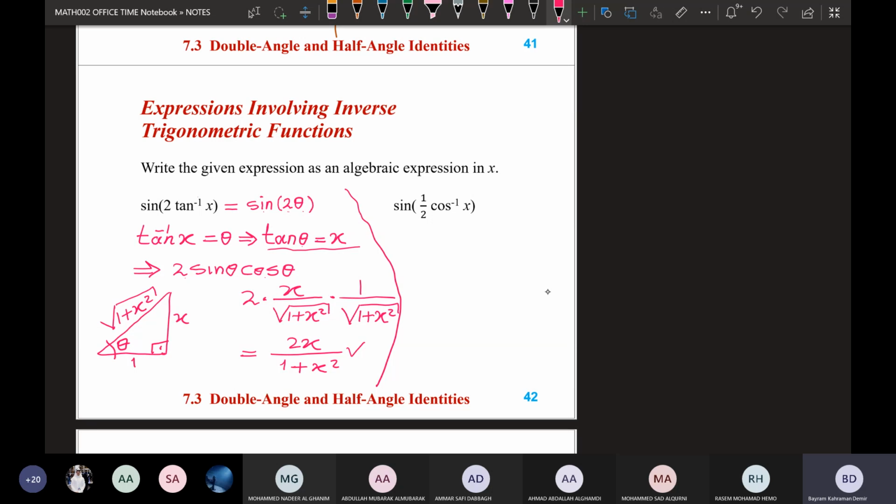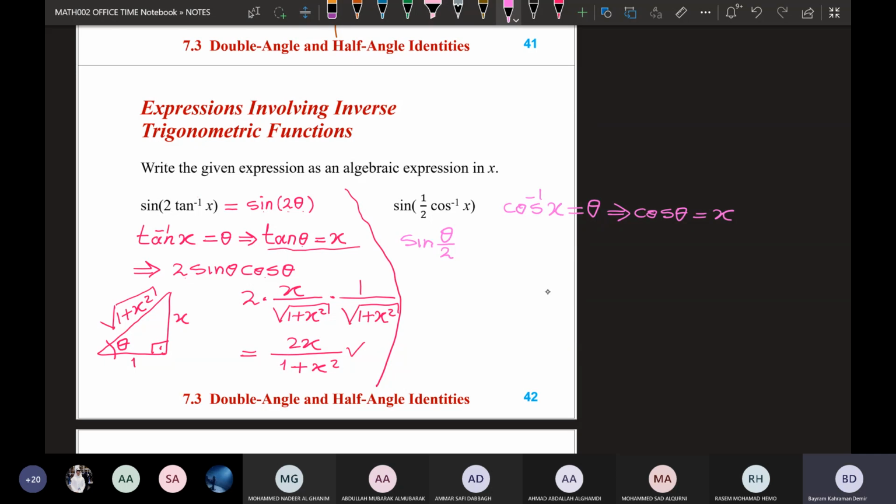In this case, for example, we will call it cosine inverse x. We will call it what? Theta, right? Then cosine of theta equals x. So the question is sine of half theta, I mean sine of theta over 2.